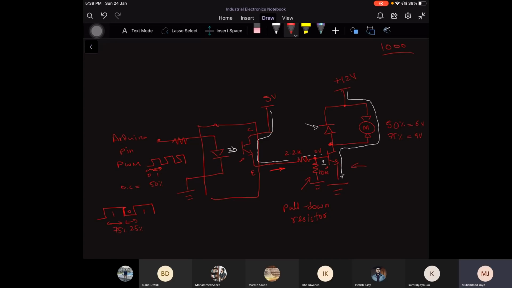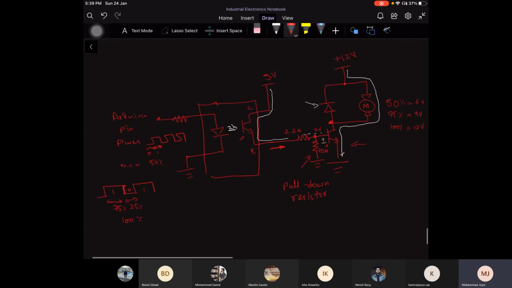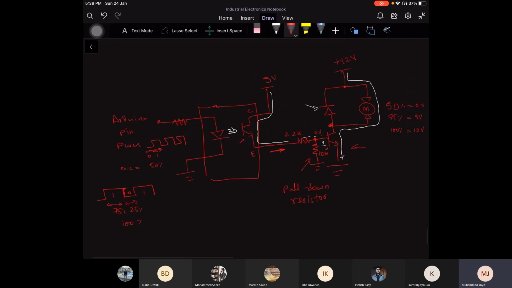When you provide 5 volts at the input, I mean the time to remain high goes to 100%, then the motor will be running at its maximum speed. I hope you understand the concept over here.